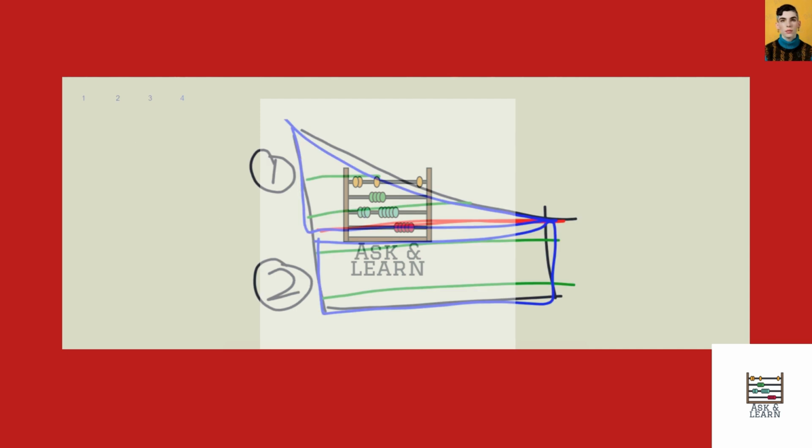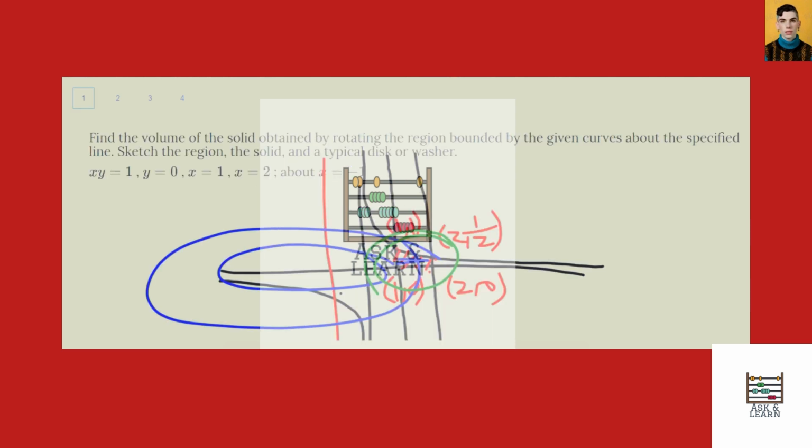Now, if you look here, this curve is creating the bigger disk. So we express this curve in terms of the x-coordinates, because that's what we use to find the distances between the vertical lines. This is pretty simple. You divide both sides by y. You get x equals 1 over y.